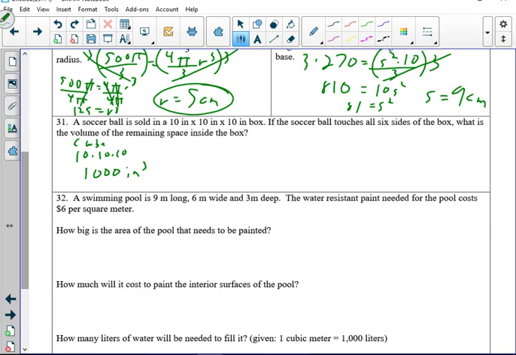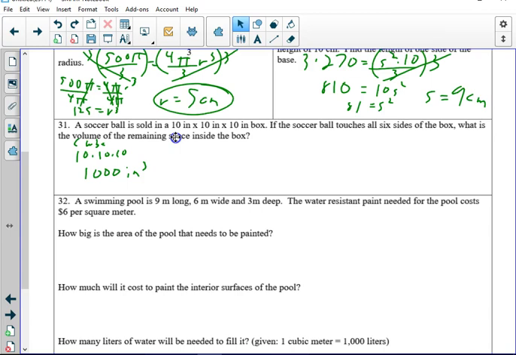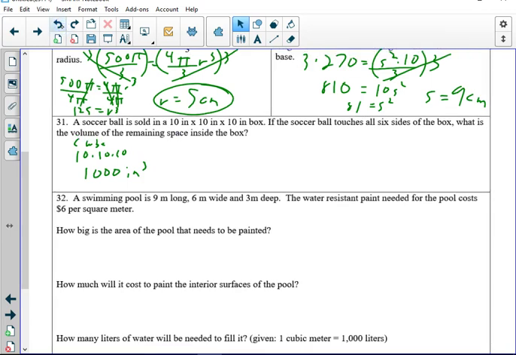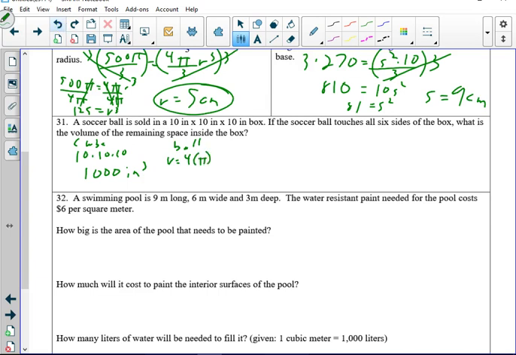Then you have to find the volume of the soccer ball. Then you need the volume of the ball. Well, remember, volume of a sphere is 4 times pi times r cubed divided by 3. Well, if the diameter of the ball is 10, that's 5 cubed.